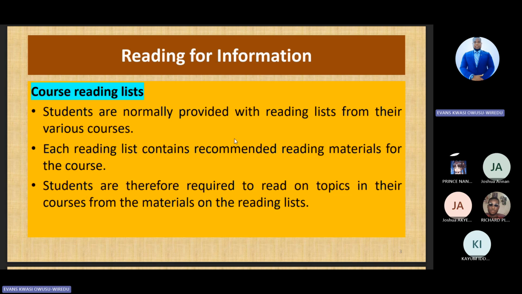Each of these courses contains its respective content, and students would need to fish for the information of that particular content. So you would see students normally provided with these reading lists of things that they will research on, or there are various slides like the one you are looking at, where they will use it to fish information.